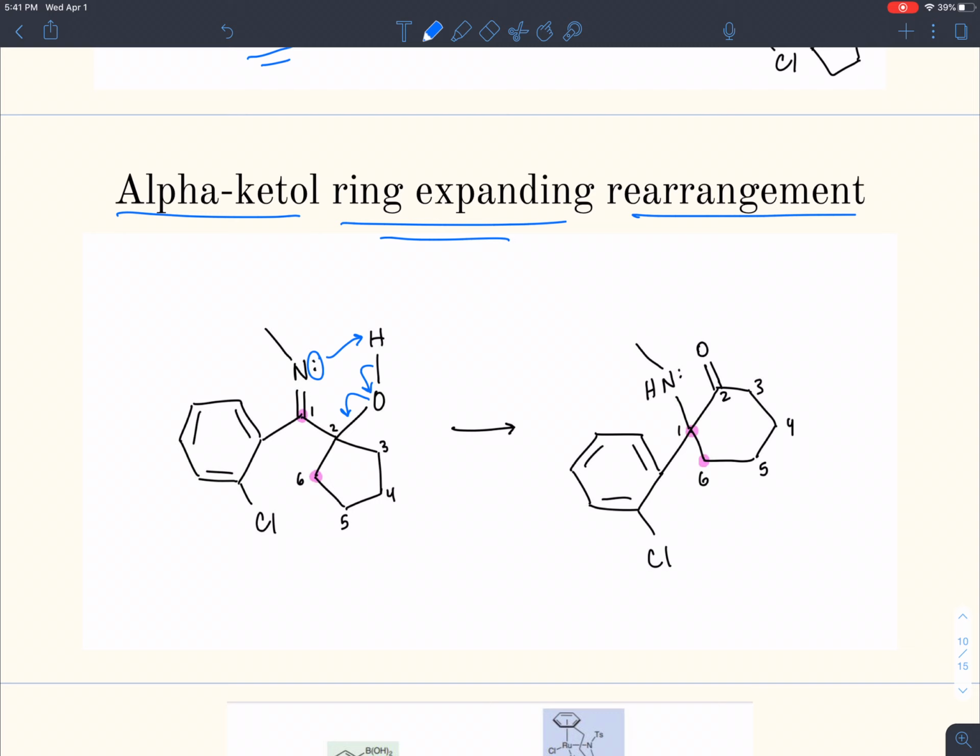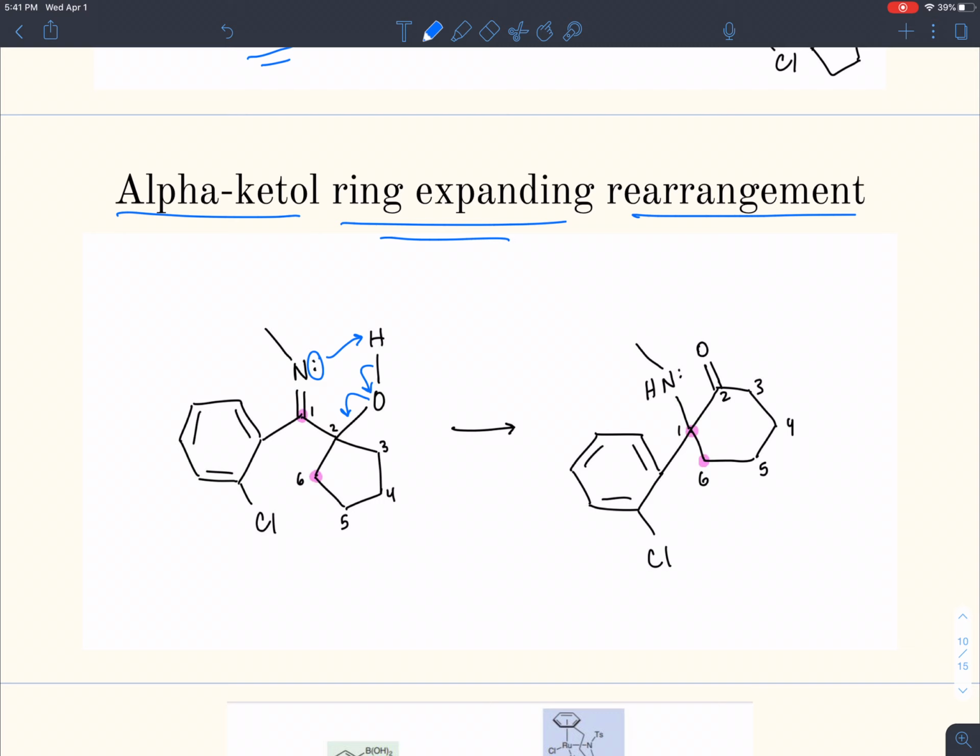And because this carbon 2 is attached to 1, 2, 3 other carbon centers, it's going to have to break a bond with one of these carbon centers. It's definitely not going to break this one because it's the strongest. And in terms of the 2,6 versus 2,3 bond, it doesn't really matter because there are no other substituents on this ring. So for the sake of my numbering system, I'm just going to show that the new bond is being formed between 6 and 1.